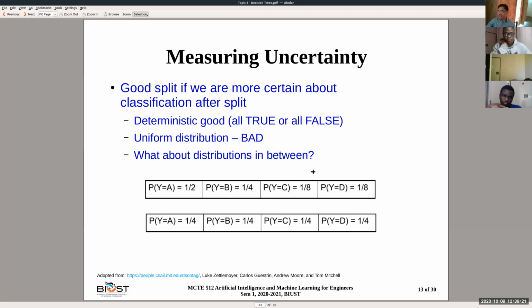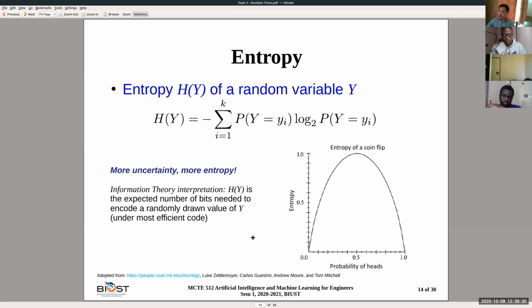In this case, this is a better probability compared to the second case where you have equal distribution. So how do we determine this? We use a tool called entropy measurement for the distribution of the data, of the information.